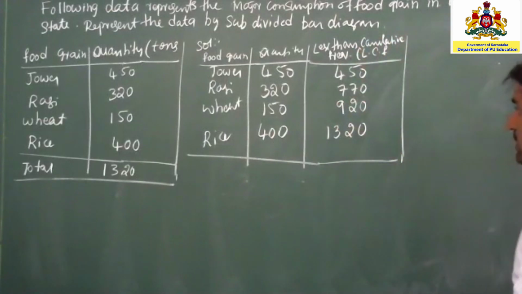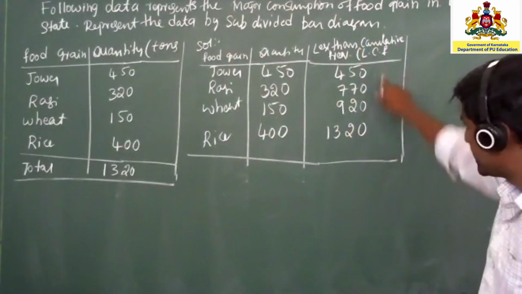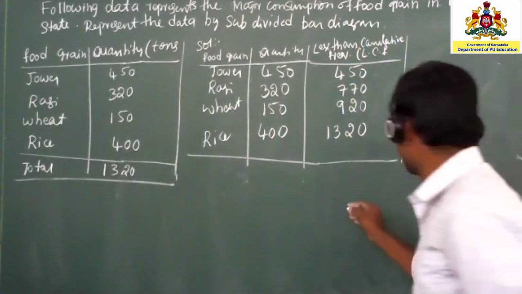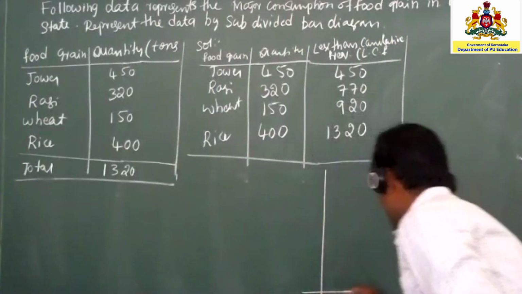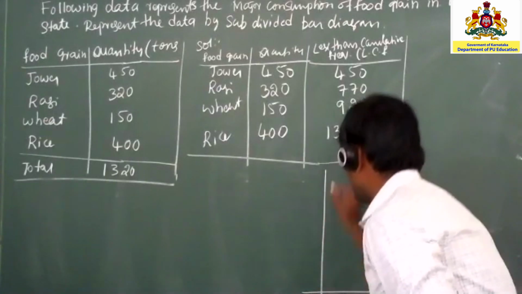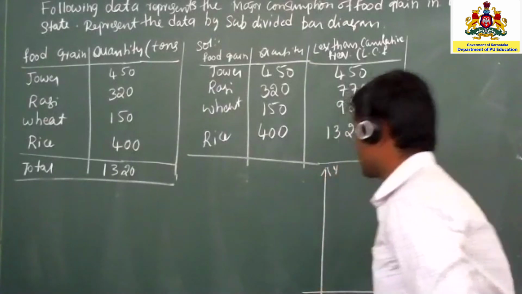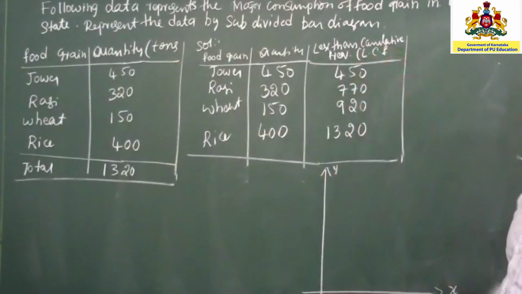Right. Now we have to construct the subdivided bar diagram for these values. Same as before, draw the x-axis and y-axis. Here the highest value is 1320, the minimum value is 450.